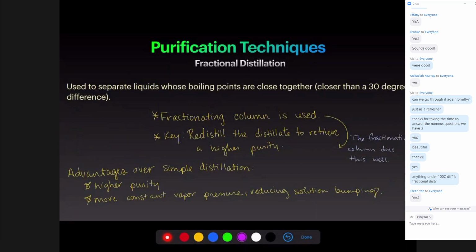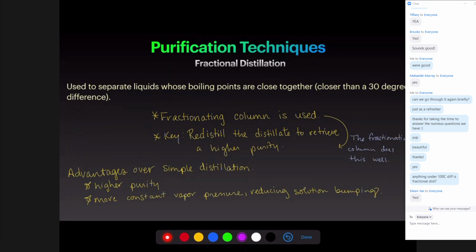Okay, so for fractional distillation, you're going to have a fractionating column that is used. It's similar to simple distillation. The key is to redistill the distillate to retrieve a higher purity, and the fractionating column does this well for us. Advantages over simple distillation are higher purity and more constant vapor pressure, which reduces solution bumping.